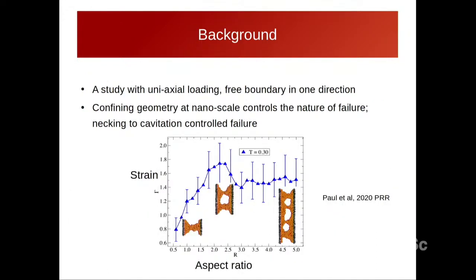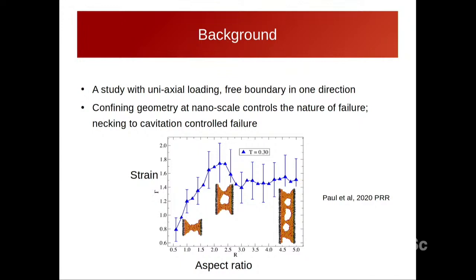This is another study by the group of Smarajit, and here they are looking at the fracture mechanisms under confinement. These are hard walls on the right, and there is a free boundary in this direction. They are doing uniaxial loading, and they are looking at what kind of morphologies you get.